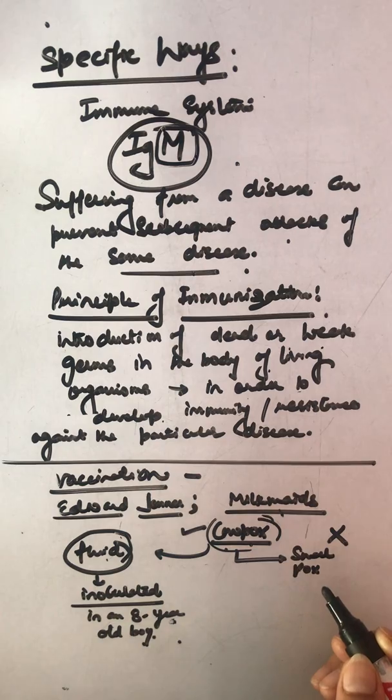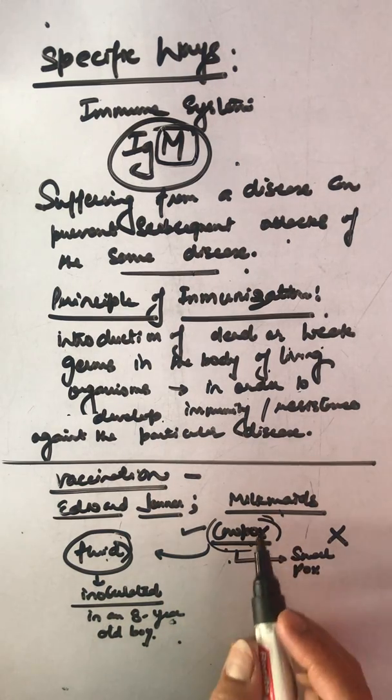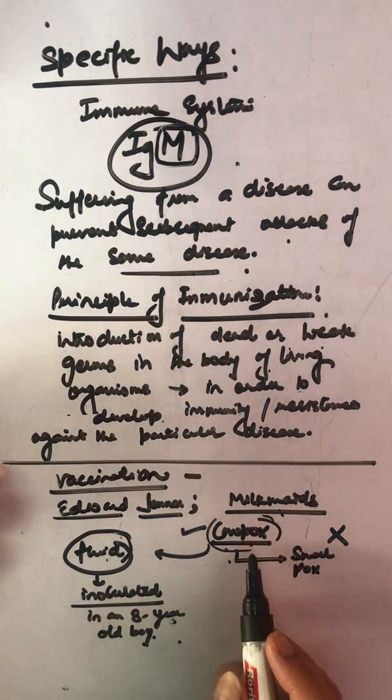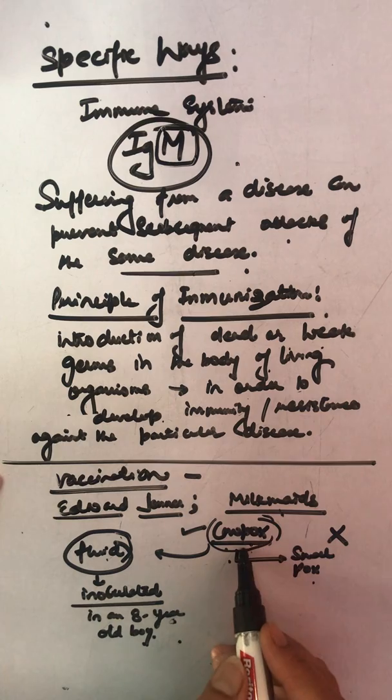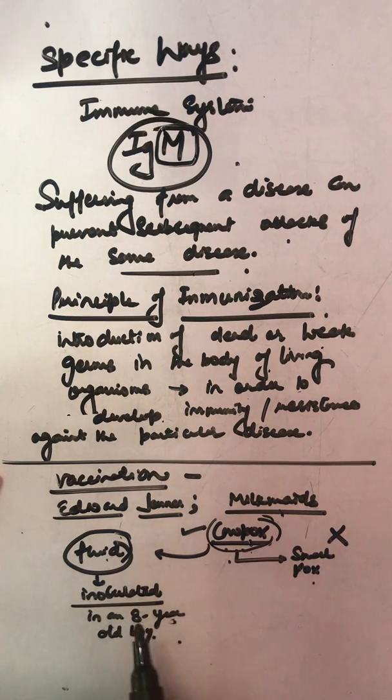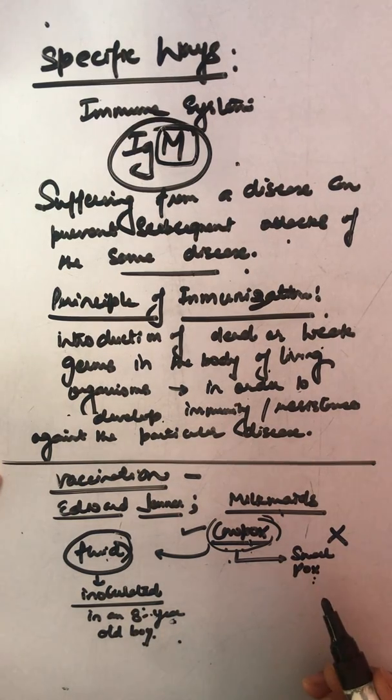But how did he know that? It was already set as an example by the milkmaids: once they had cowpox, they did not show the symptoms of smallpox in later life. So he used this fluid as inoculation to provide immunity against smallpox.